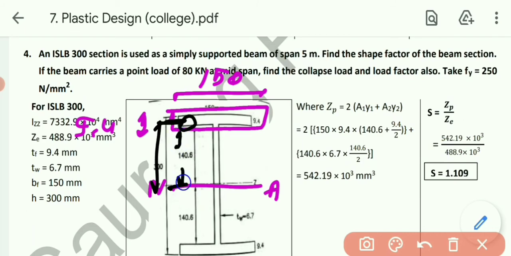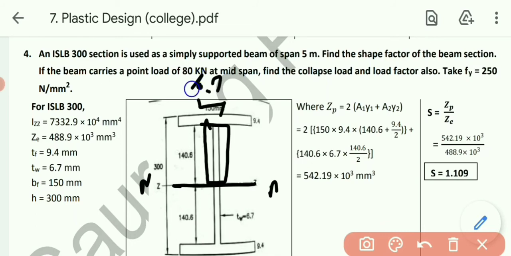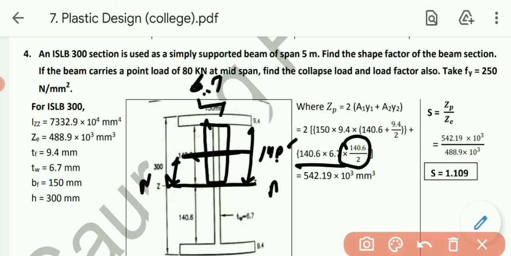So A1 is 150 into 9.4, and its CG is 140.6 plus 9.4 by 2. Similarly, for the web, its thickness is 6.7 and this depth is 140.6, so its area is 140.6 into 6.7, and its CG will be at the center, 140.6 divided by 2.